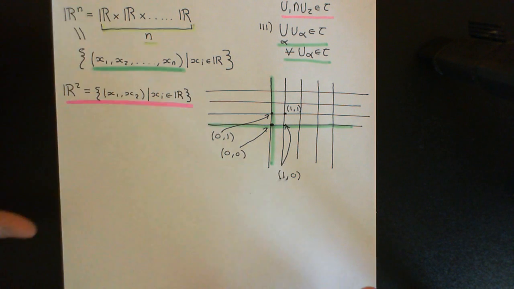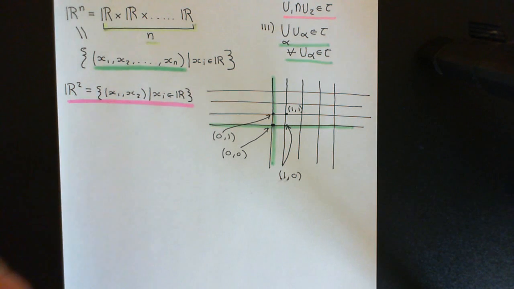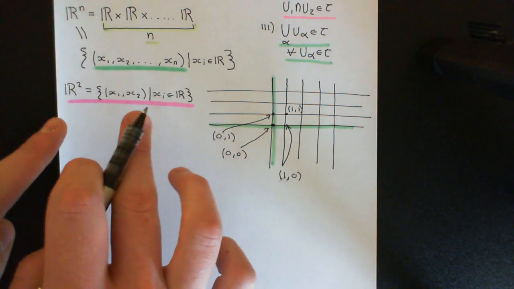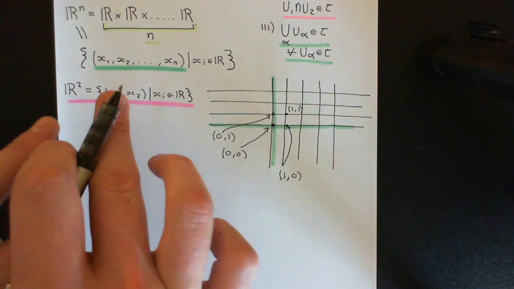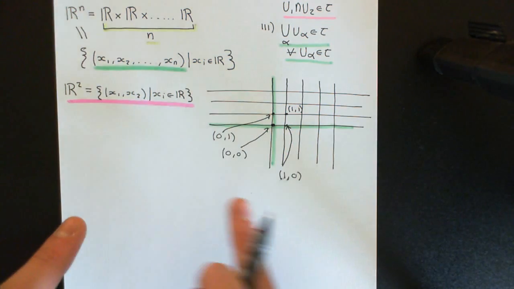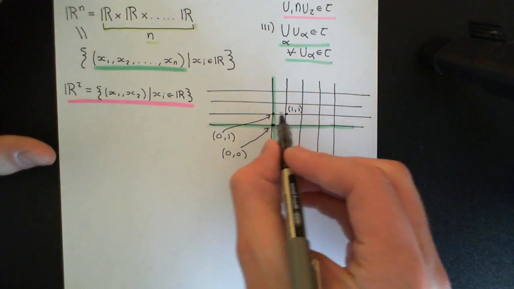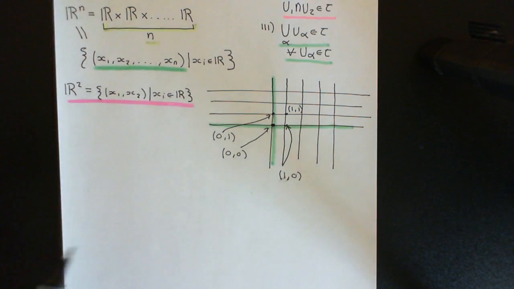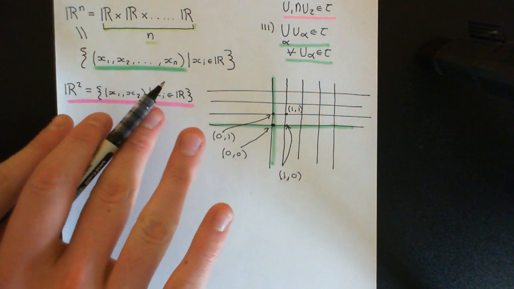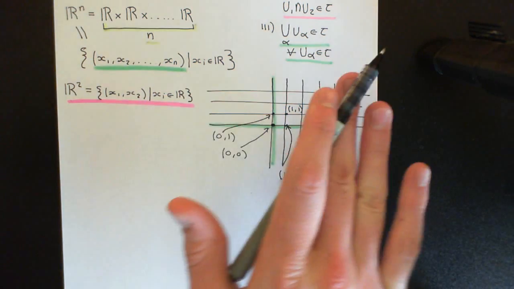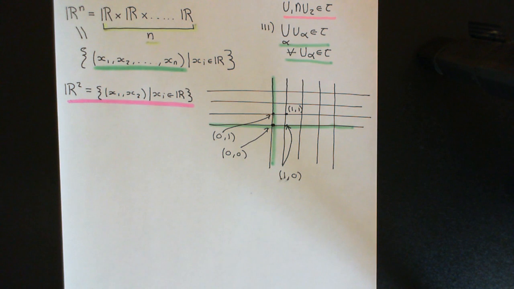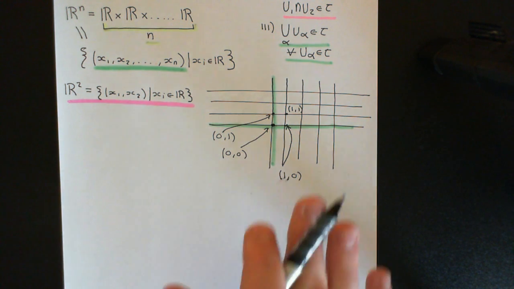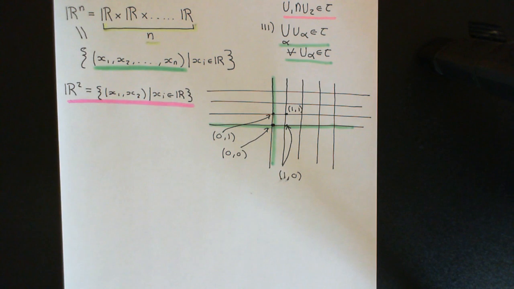What I would like to do is equip this set with a topological structure, with a notion of which symbols are next to which other symbols in this set, such that it mirrors the structure here, i.e. such that points that are next to each other here, the symbols that represent them in the set here are next to each other in the set. I want to create this into a mathematical structure that mirrors the two-dimensional plane in its topological structure. That's what I'm trying to do here. I'm trying to create an abstract mathematical structure that mirrors the two-dimensional plane here.